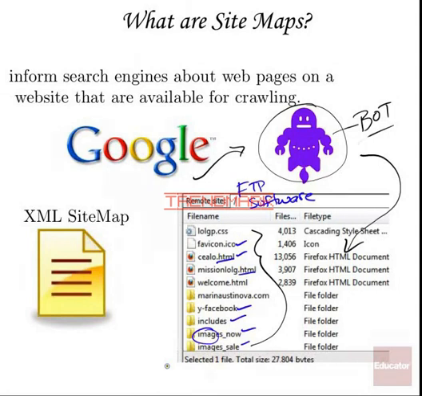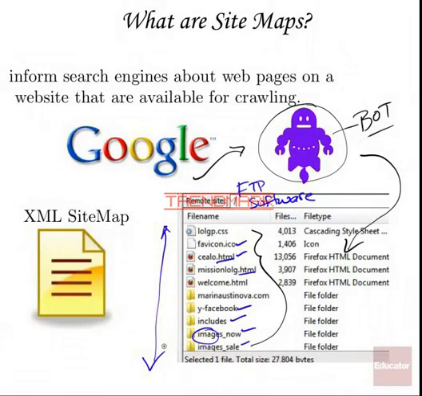So it takes a lot of work for a bot to go through all these files. I mean, let's face it, I've seen websites that have thousands of files. So the poor bot's got to go through all these files to kind of figure out, well, what's it all about? Well, we're going to make it a little happier.